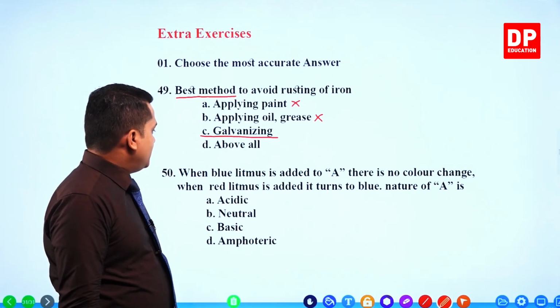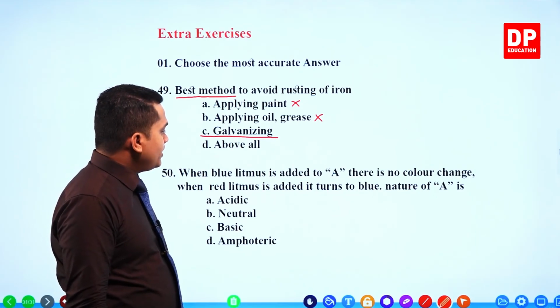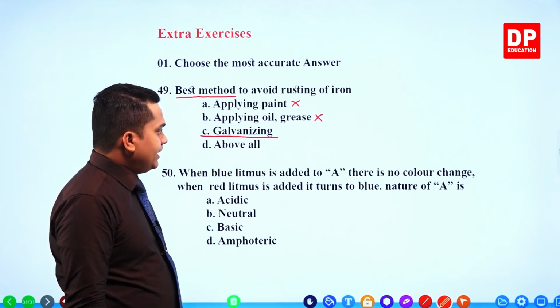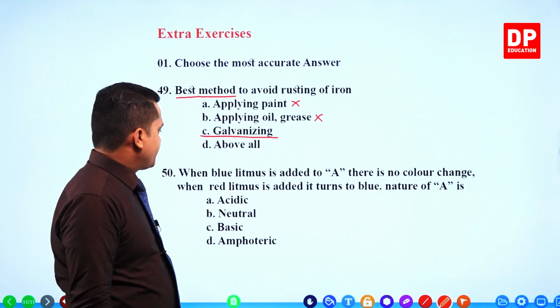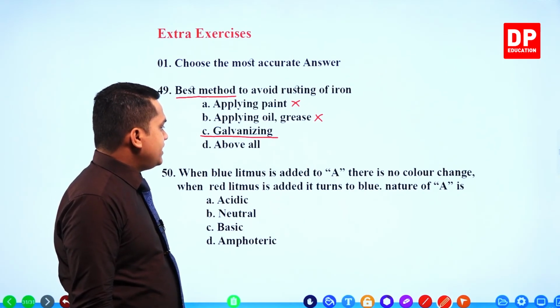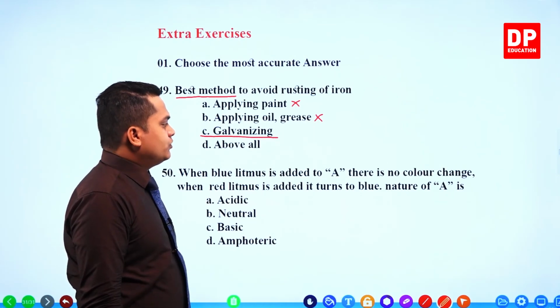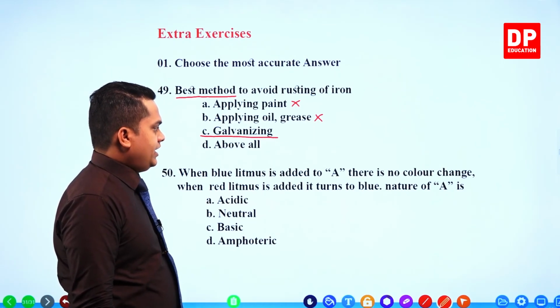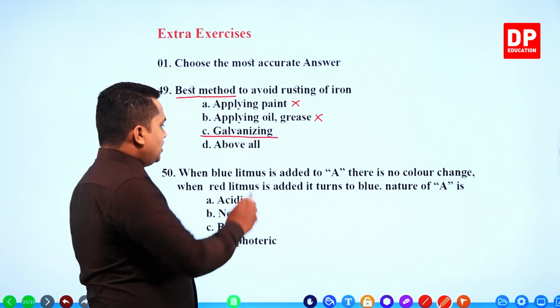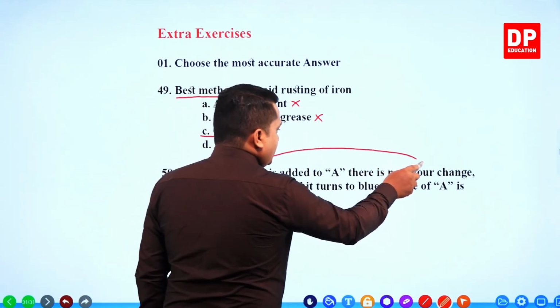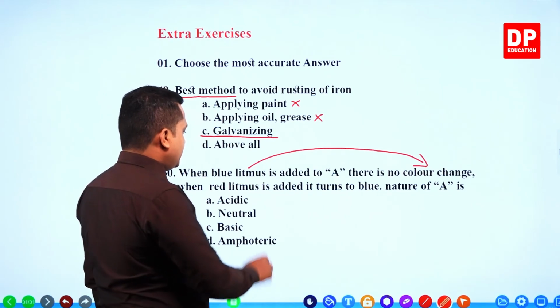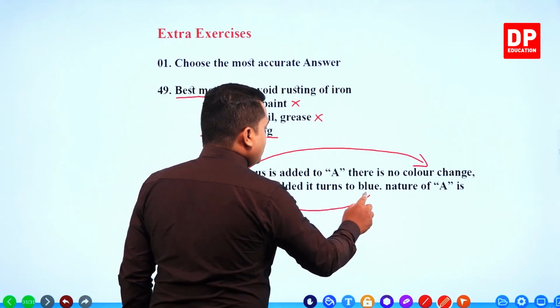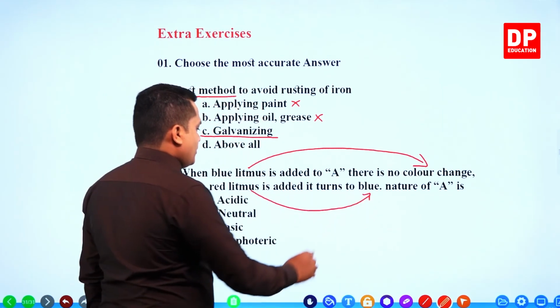Right. 50th one. When blue litmus is added to A, there is no color change. When red litmus is added, it turns blue. Nature of A. So here, blue is converted to no color change, and red is getting converted to blue color.